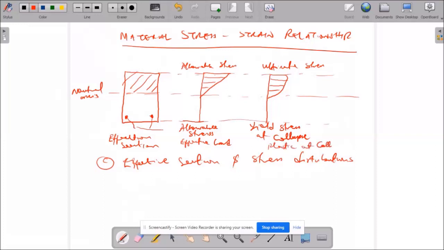So these are the three diagrams we have here: effective section, effective load, then plastic at collapse.